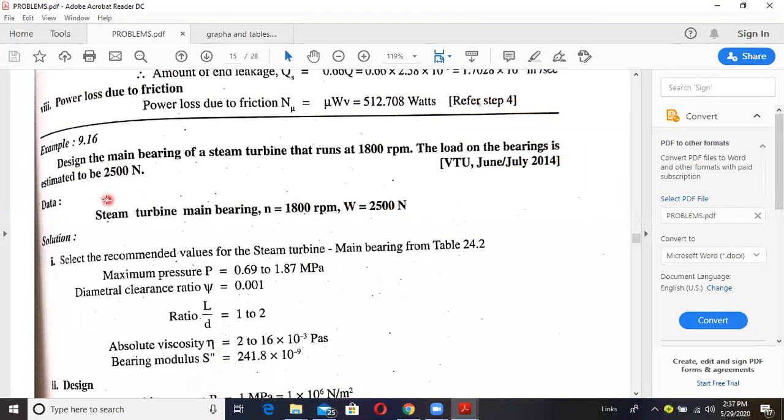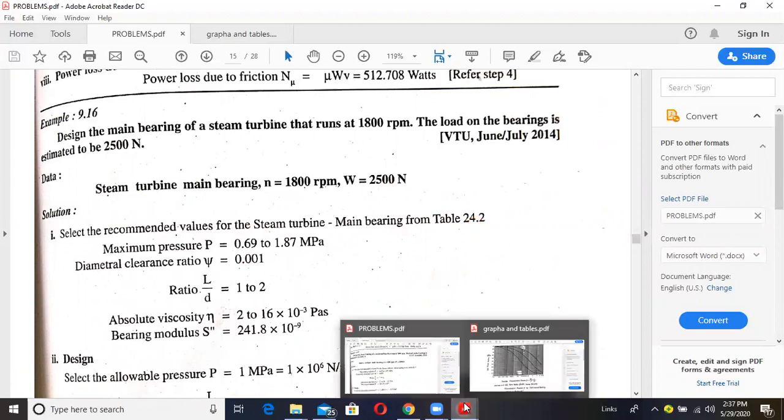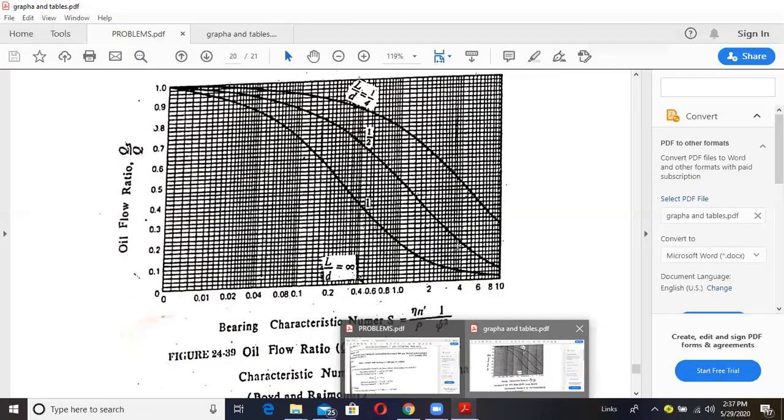Now first, based upon the application given, we have to note down all the parameters. Now we have to go to table number 24.2.